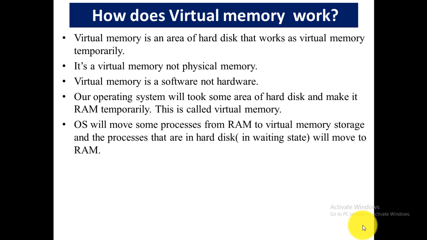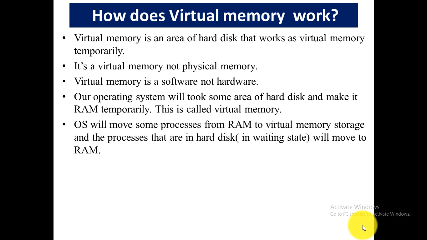How will it work? Basically, the operating system will move some processes from RAM to the virtual memory storage space: the processes that are minimized in our window and not currently in use. So the operating system prioritizes all the processes.